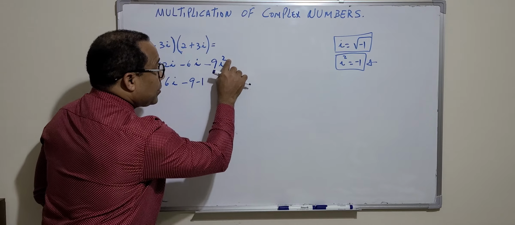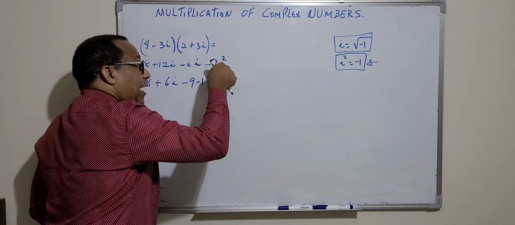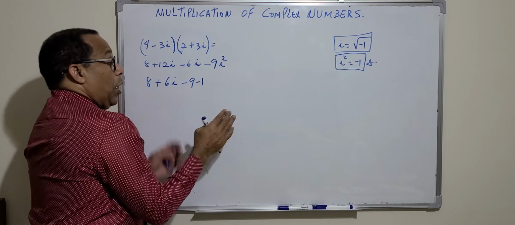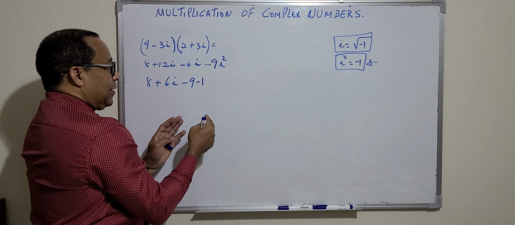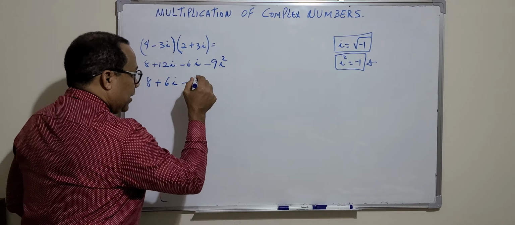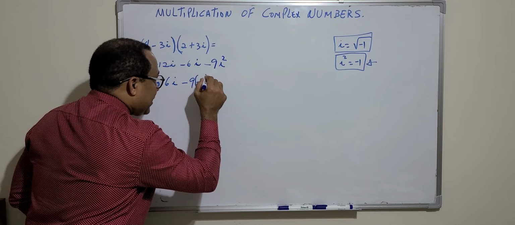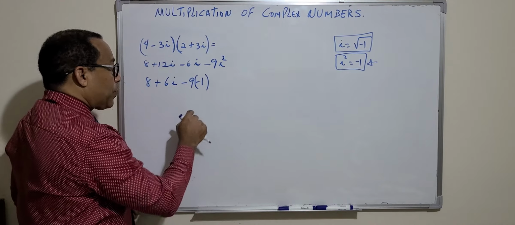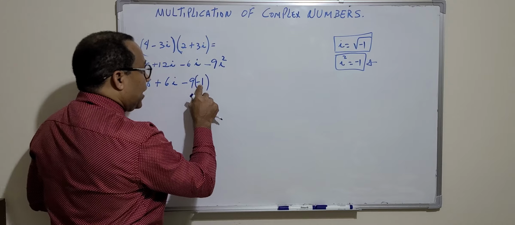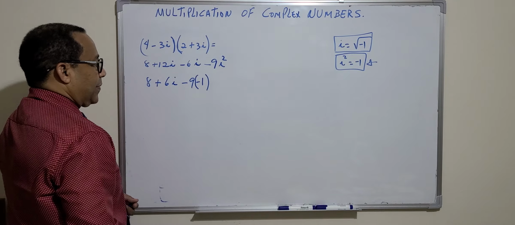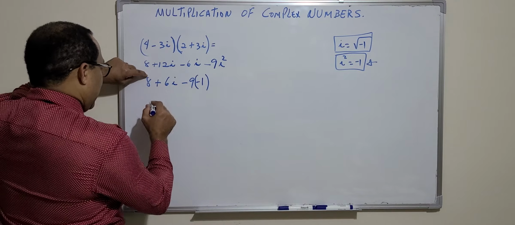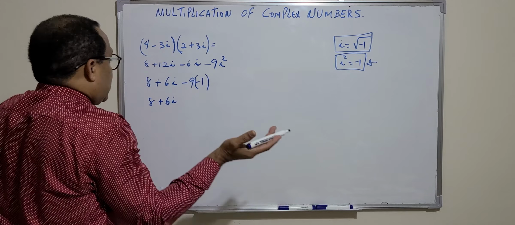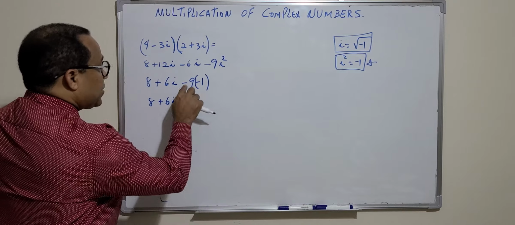Negative 9i to the second means negative 9 times i to the second. So I cannot leave it like this, because if I leave it like this, I'm not multiplying them. Then I'll have to use parentheses. And this parenthesis tells me that I'm multiplying the negative 9 with the -1. And then I proceed. Again, I'll bring down the 8, bring down the plus 6i, because there's no other i up. And then I solve this.